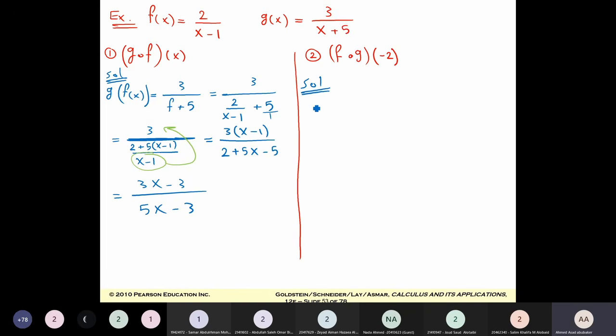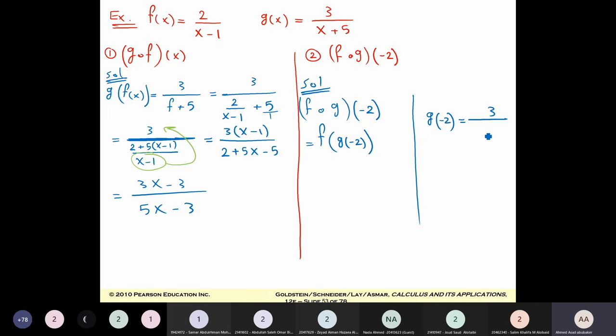Now we come here to f composite g at negative 2. This equals f, and substitute g of negative 2. What's the value of g of negative 2? We have g equals 3 over x plus 5. Replace x with negative 2, plus 5.